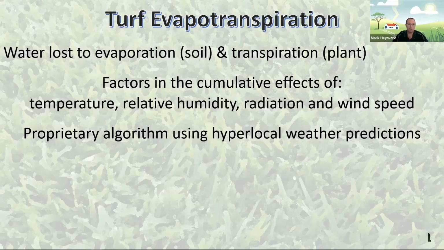So for each hour of the day, we look at the temperature through to wind speed for that hour, calculate the evapotranspiration, evaporation and transpiration, and then sum the 24 numbers together. We get a daily figure given to our Australian clients in millimetres, given to our North American clients in inches.